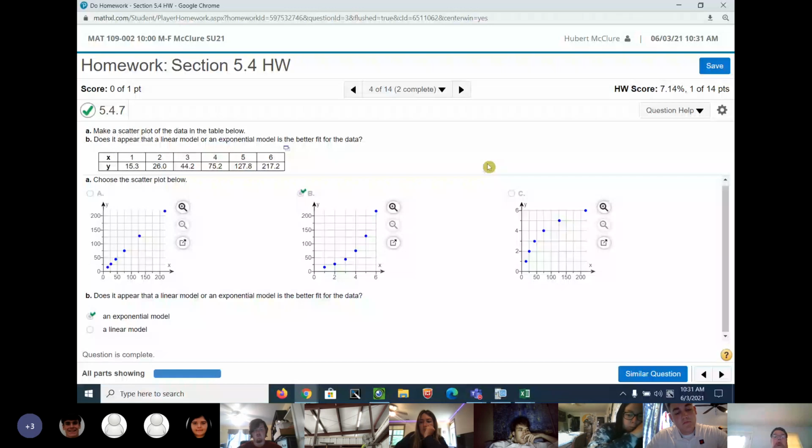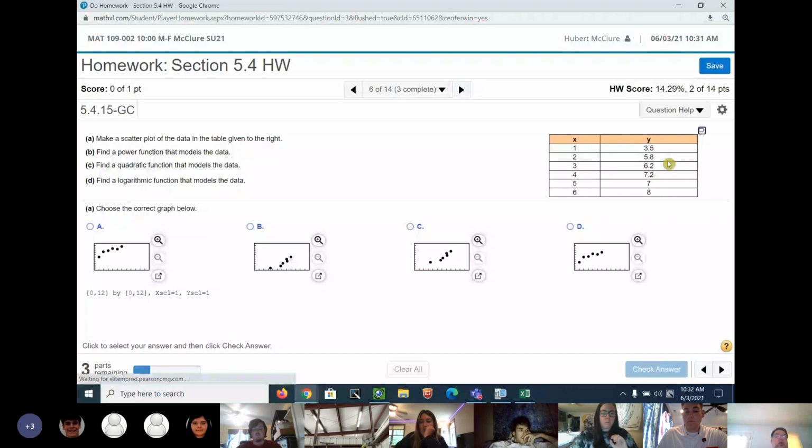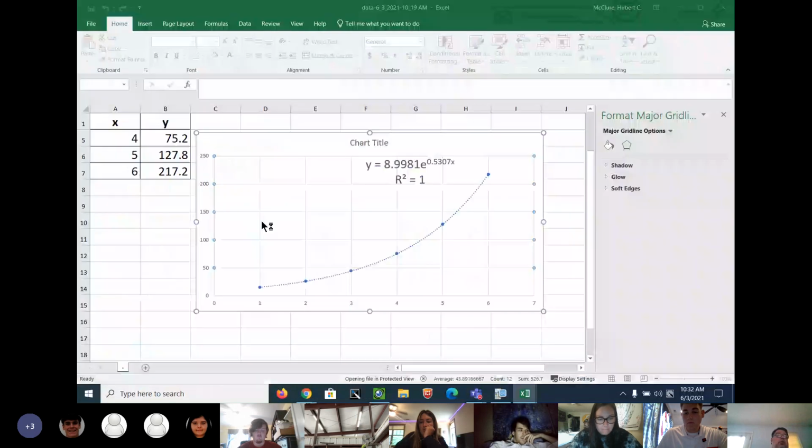The only one that looks a little bit more challenging. All right, try this one. And here it is. And we don't know what it is because it's asking what's the best fit.